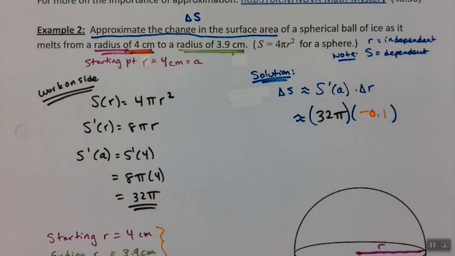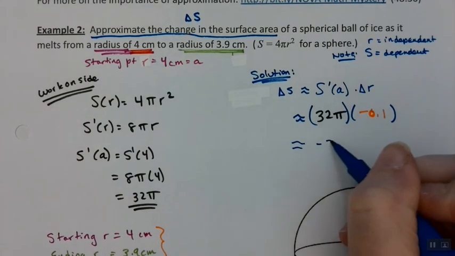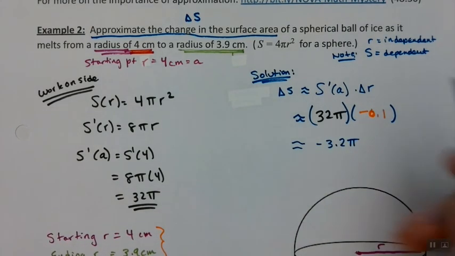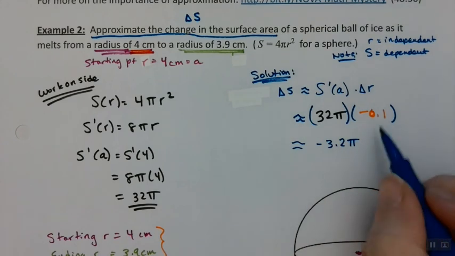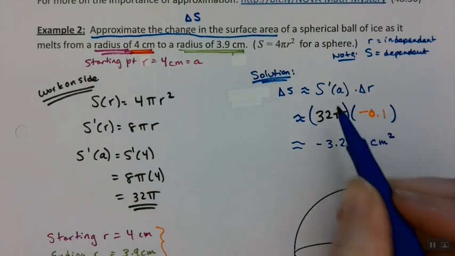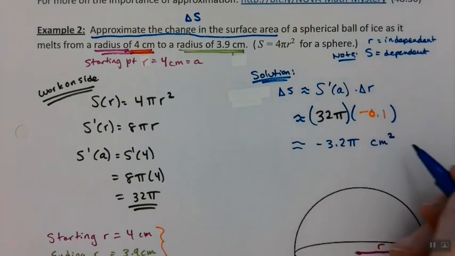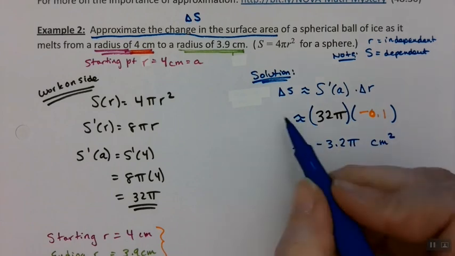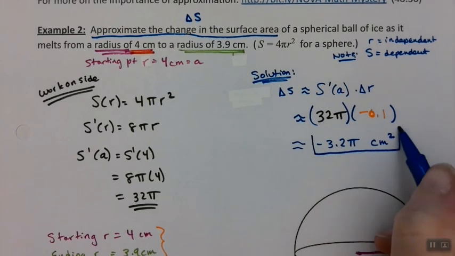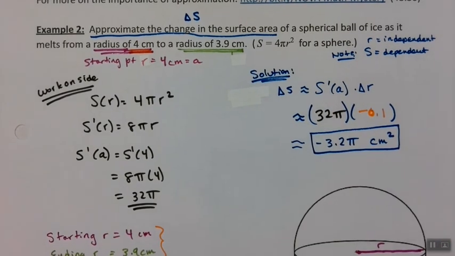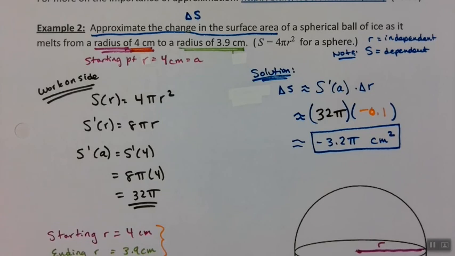All right, so this would be negative 3.2 pi. And then the units would be centimeters squared because it's surface area. And we're done. And if we want a decimal approximation for that, we could find one, but it's not necessary.